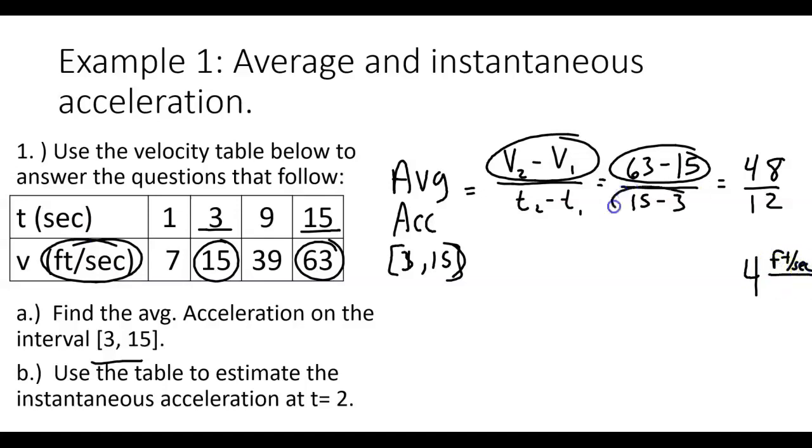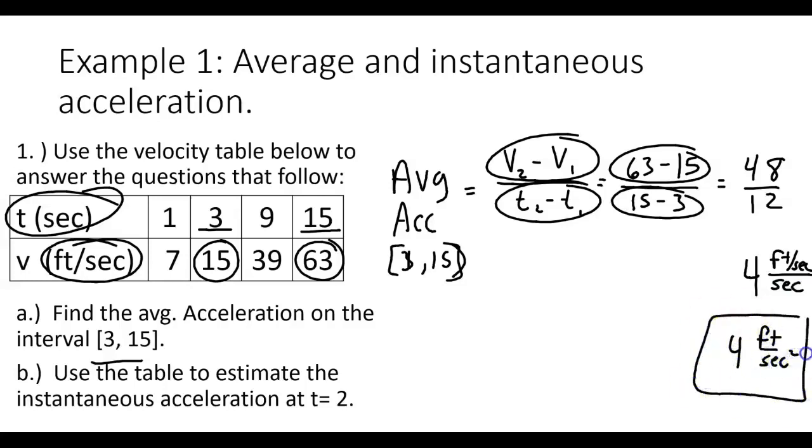The denominator numbers, though, were time values, and the time values are in seconds. So it's feet per second per second, or in other words, feet per second squared. And that's my average acceleration on the time interval from t equals 3 to t equals 15.